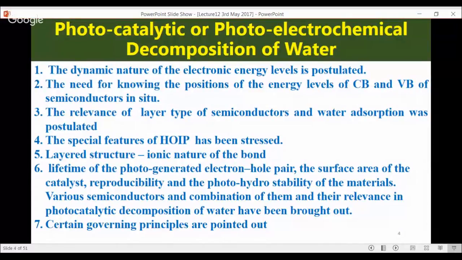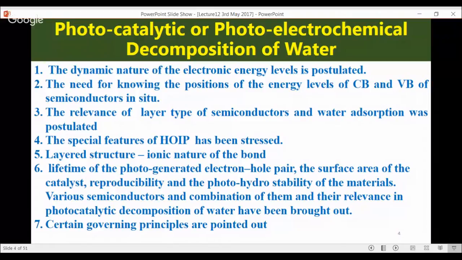Why I am mentioning this is the generation of the hole and the electron, the exciton, takes a time scale of femtosecond or picosecond, whereas the charge transfer to the substrates at the interface takes the time scale of microsecond or nanosecond. This is the reason why the lifetime of the electron hole pair has to be longer, so that they will be useful in the interfacial reaction.